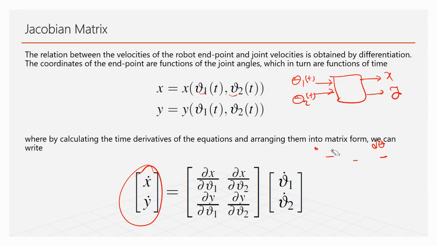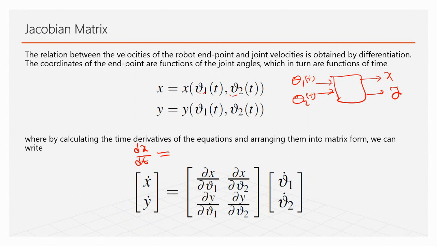I'm going to write it here with more space, otherwise I need to wrap it. So x dot, the derivative of x or dx to dt, how x changes over time depends on how x changed with theta 1 and how x changed with theta 2, and also how theta 1 changed with time and how theta 2 changed.